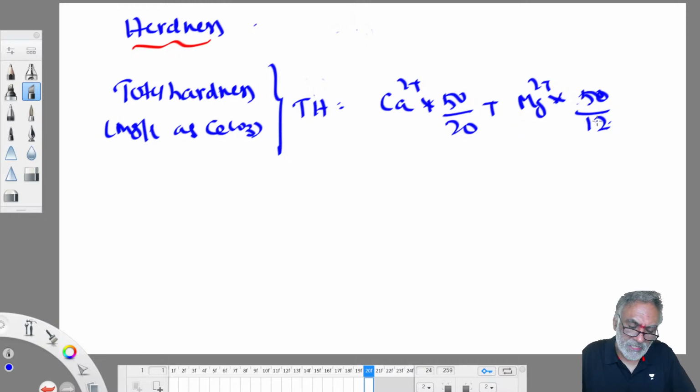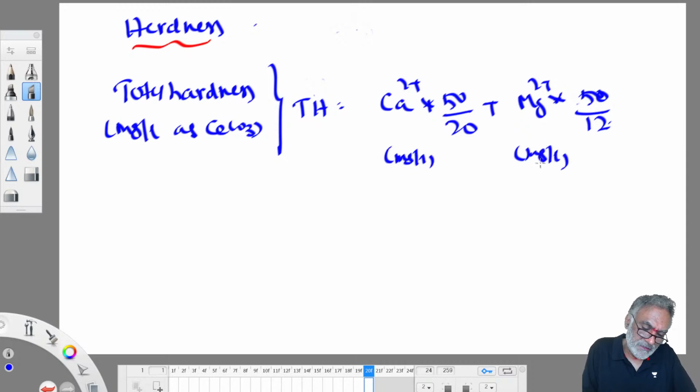Molecular weight is 24.0, actually 0 point something, but valence is 2, therefore 24 by 2, 12 it is. Okay? Provided that the concentrations of calcium and magnesium are given in milligram per liter.